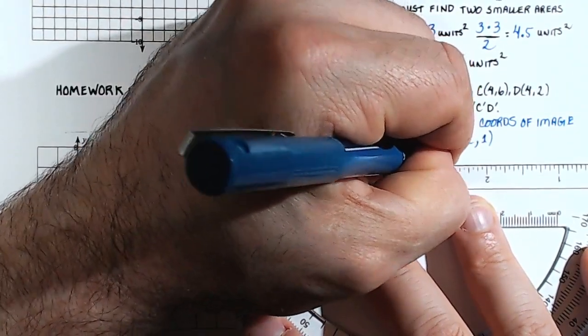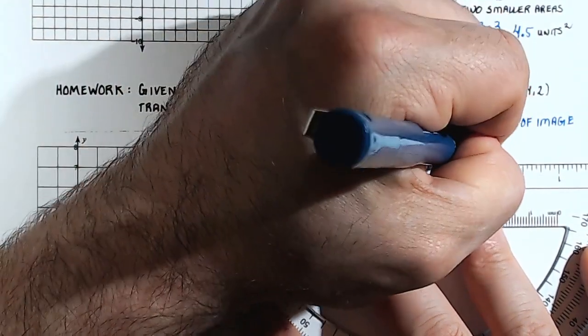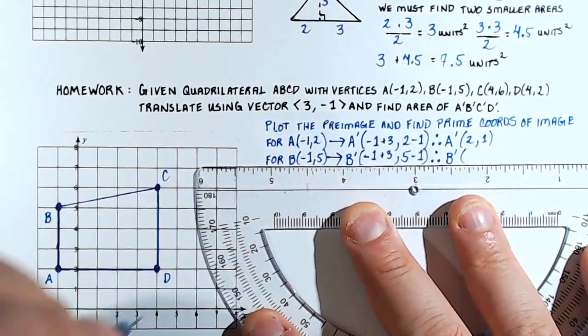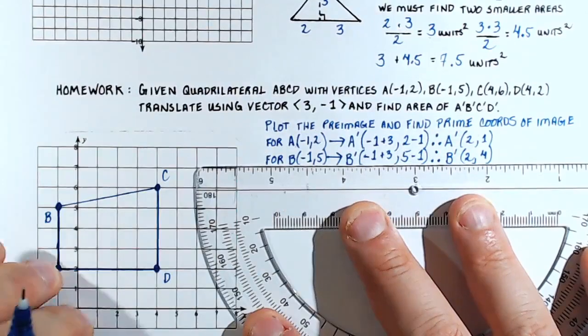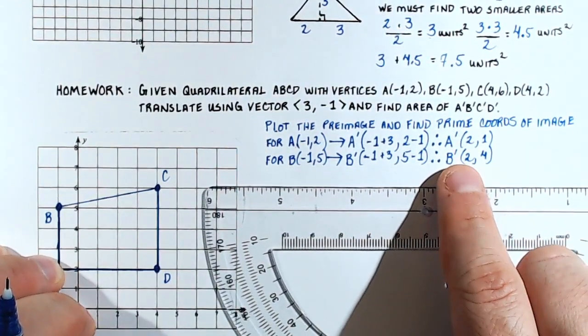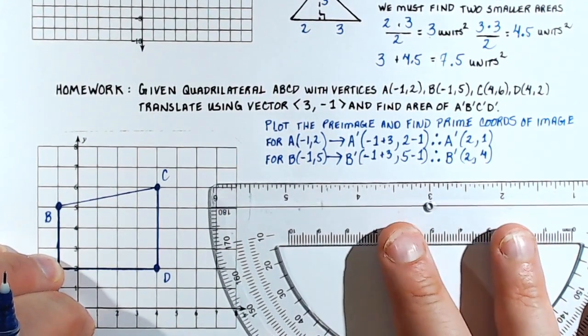Right? Therefore, B prime is located at -1 plus 3 is 2, 5 minus 1 is 4. Right? 2, 4. That's where the image coordinate for B prime is.